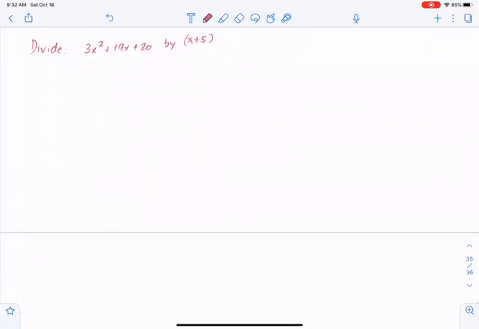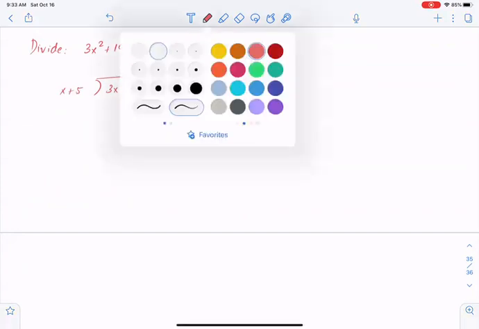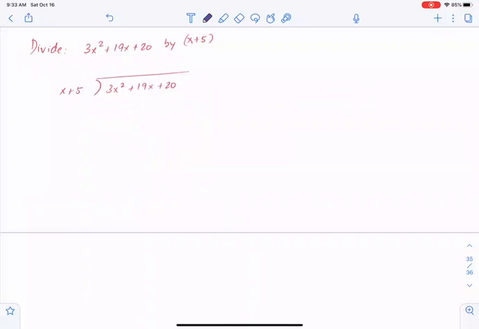So we have 3x squared plus 19x plus 20 and x plus 5. So we have to multiply by some expression there so that I get 3x squared here.